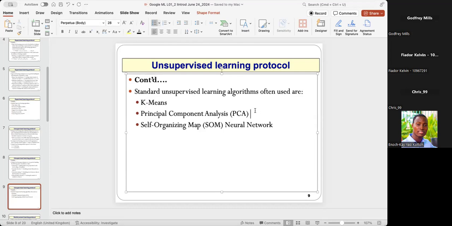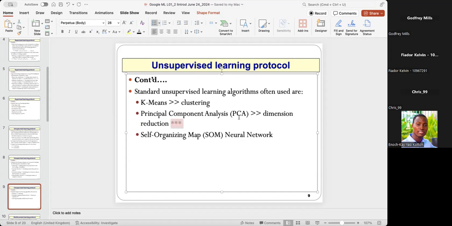We use this one to do feature reduction. This one helps us with clustering. This one helps us to deal with dimension reduction.